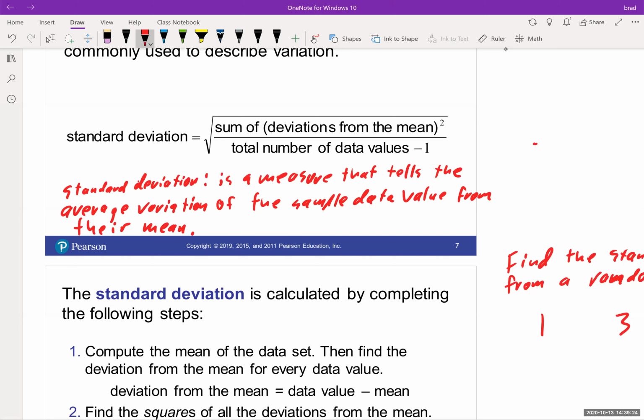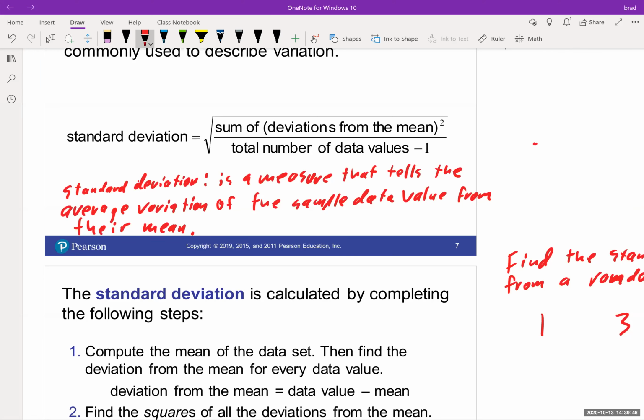So basically what it's saying is that standard deviation is a way to represent your relative standing in accordance with the mean. So basically, how far away from the mean you are, or relatively speaking, how far away is this particular value from the mean? Is it 1 standard deviation away? Is it 2 standard deviations away? Is it 3 standard deviations away? So on and so on.